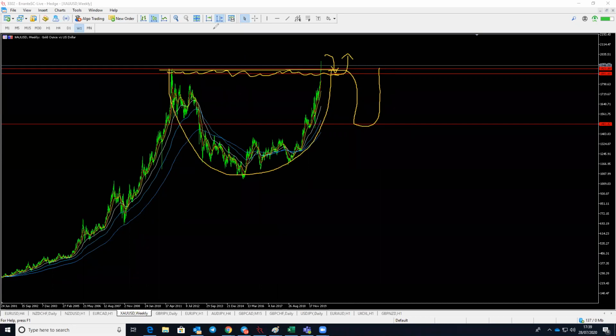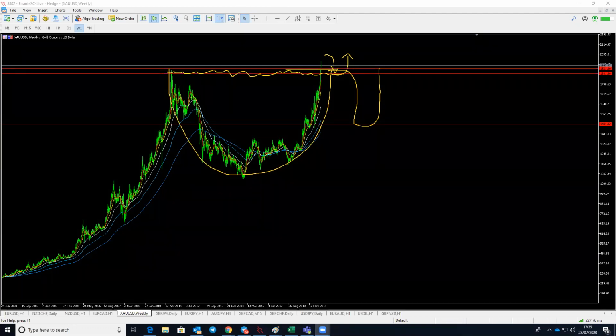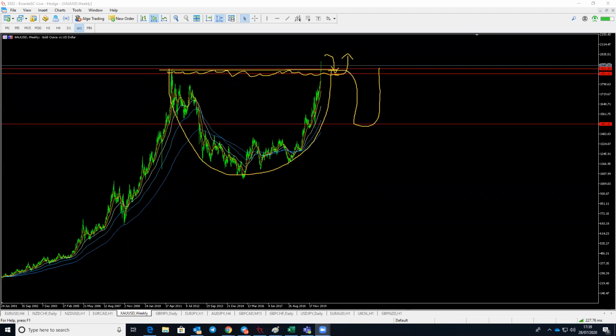So I will still be very skeptical of this move because it could either fail this pattern and just go up a lot and then surprise the market and just come down all of a sudden. In saying that, I think it's probably better for us to evaluate the trend for now in different time frames as well.